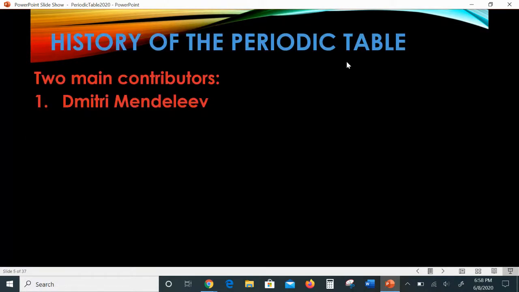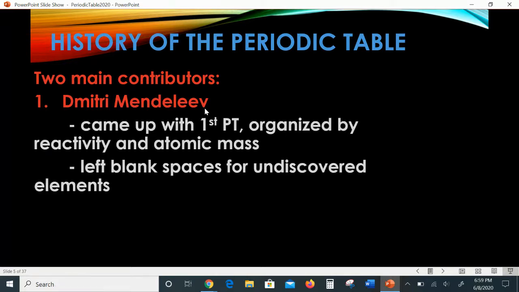Okay, the history of the periodic table again. Not a lot of stuff here to memorize. You should know that Dmitry Mendeleev, well, you should know two things. One, that the periodic table is based on the number of protons. And two, that Dmitry Mendeleev almost figured that all out, except he figured it out because at the time all he could tell was atomic mass. So he organized it by reactivity and atomic mass.